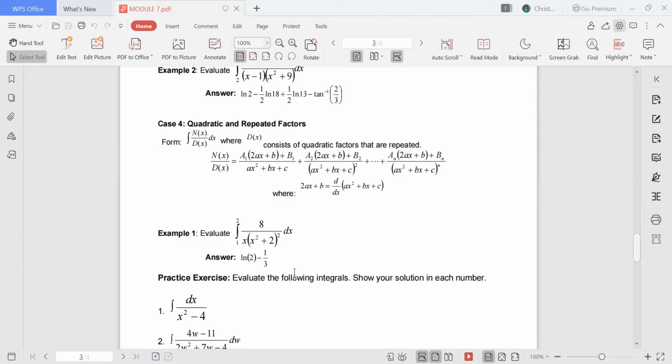So example number 1, evaluate the integral of 8 over x times the square root of x squared plus 4 dx. As you've noticed, the factors of our denominator are quadratic and repeated, right?